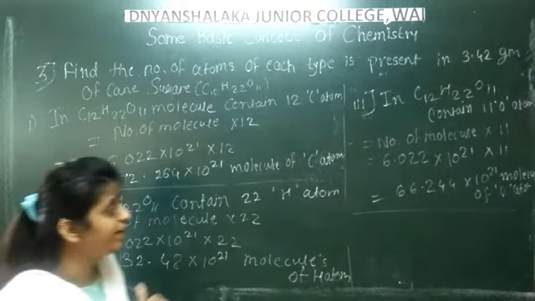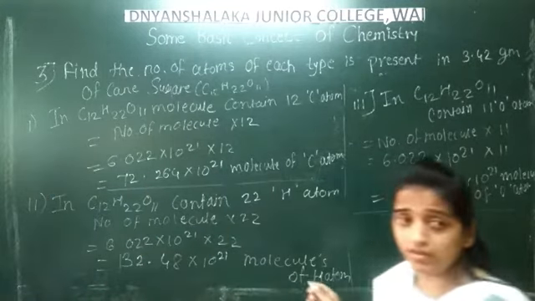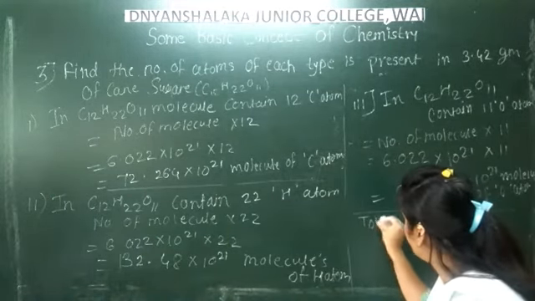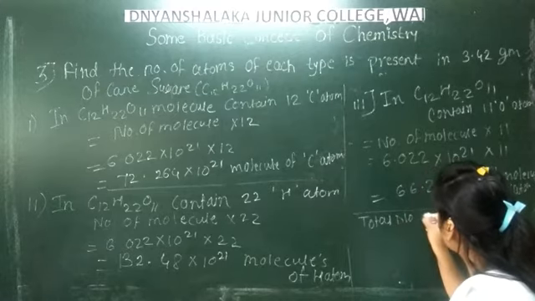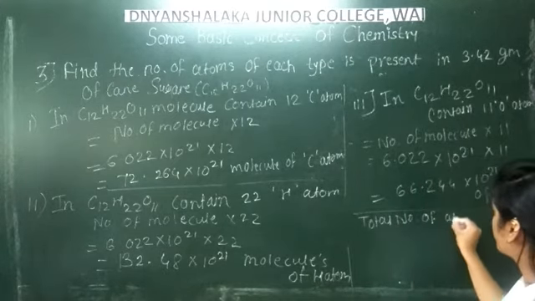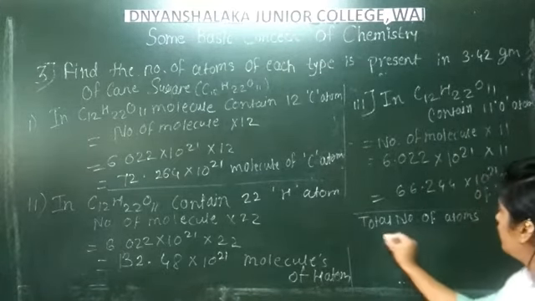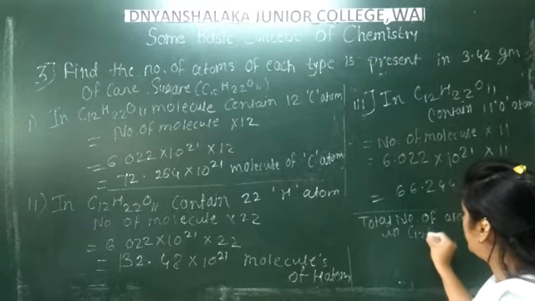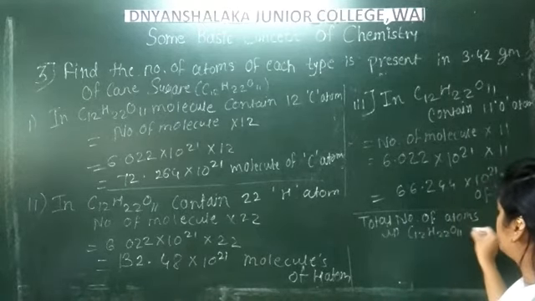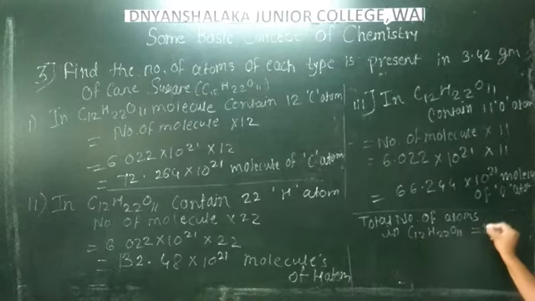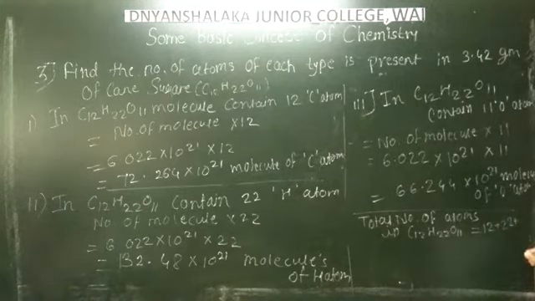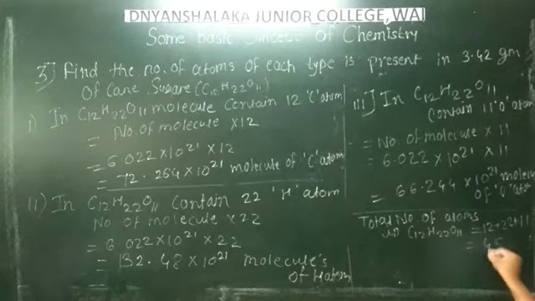Next we have to find out the total number of atoms in cane sugar. C12H22O11 means 12 atoms of carbon, 22 atoms of hydrogen and 11 atoms of oxygen. Adding these values, we get 45 atoms.